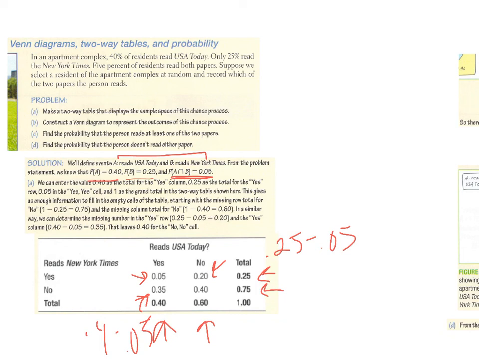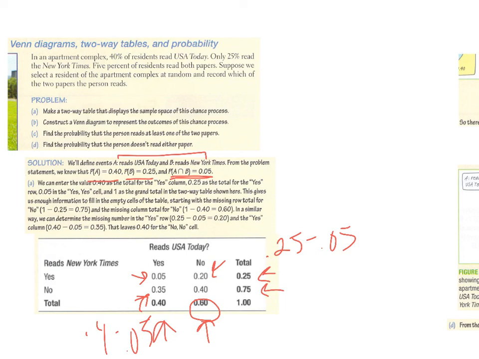And again, using my total, if there are a total of 0.6, then I know that 0.4 of them are not reading the New York Times as well. And so that would complete my two-way table there of my sample space.